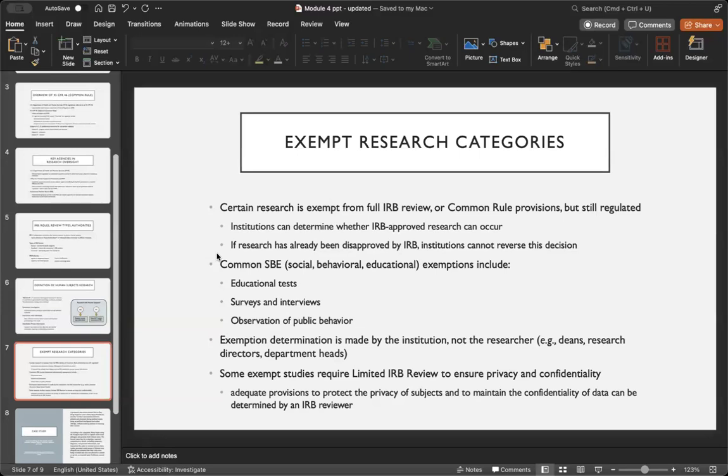Importantly, the determination of exemption is made by the institution, not the researcher. Researchers cannot self-exempt their studies. And then some exempt studies also require a limited IRB review to ensure that privacy and confidentiality protections are adequate.